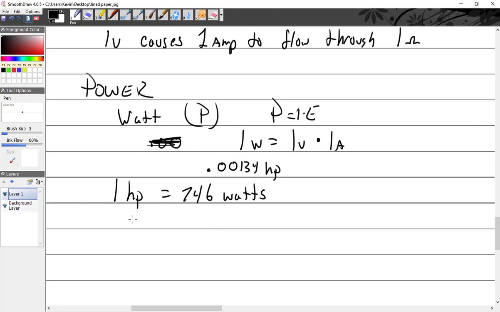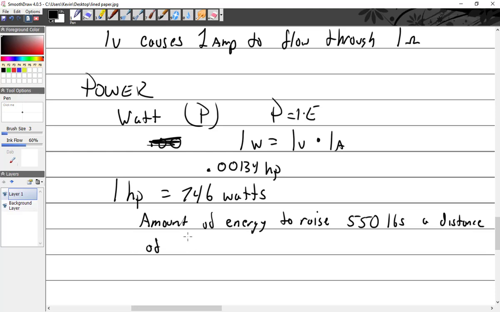And it is defined as the amount of energy needed to raise 550 pounds a distance of 1 foot in 1 second.